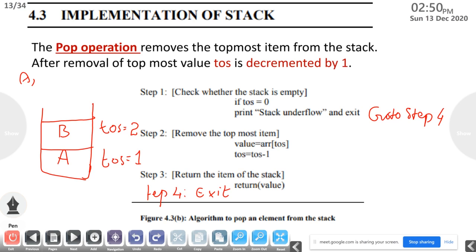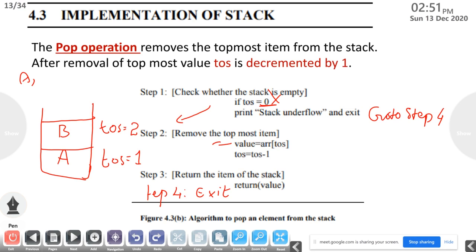Remove the topmost item. Now what is the topmost item? B is the topmost item. So we are using a variable value and keep the topmost item into that variable. Here TOS equal to 2, so ARR of TOS, the value of value becomes B. Then what we want to do?